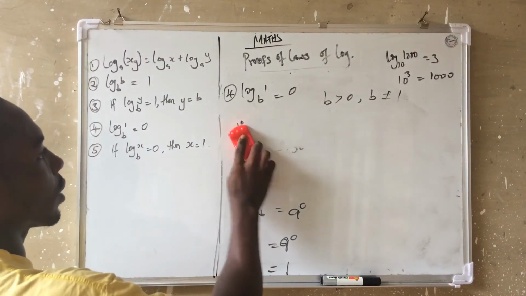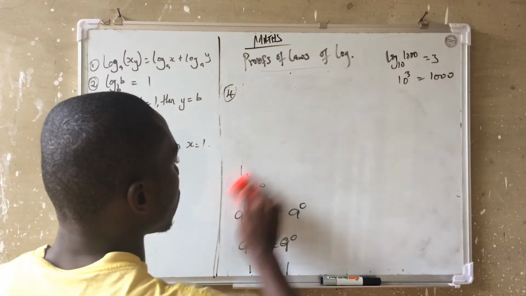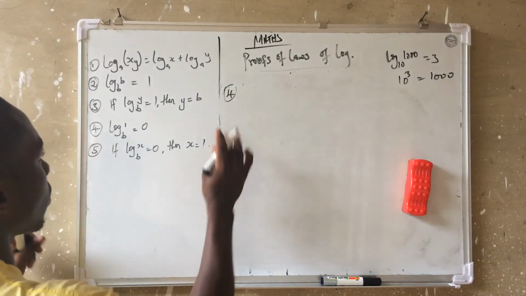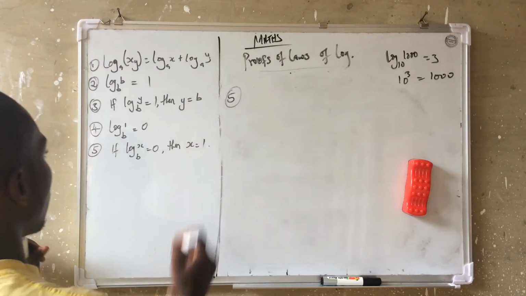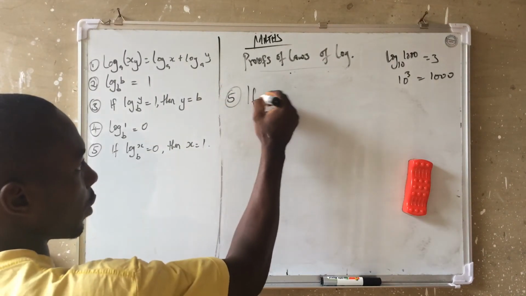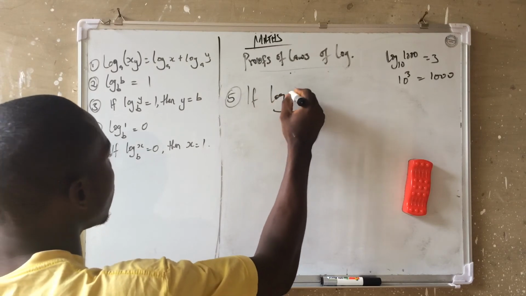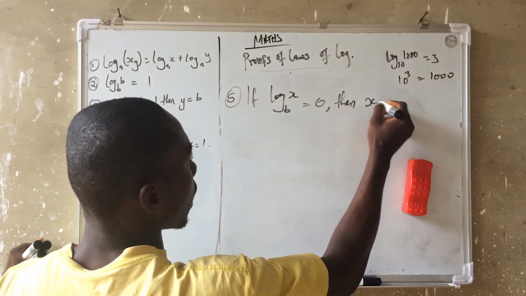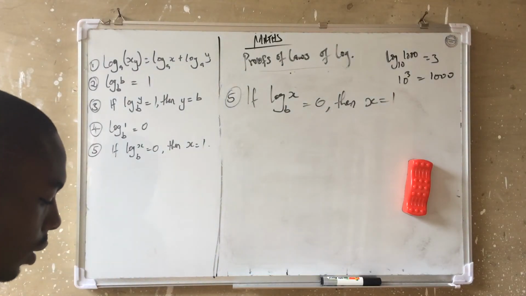So go back to number 5. Number 5 says if log x base b is equal to 0, then x is equal to 1.